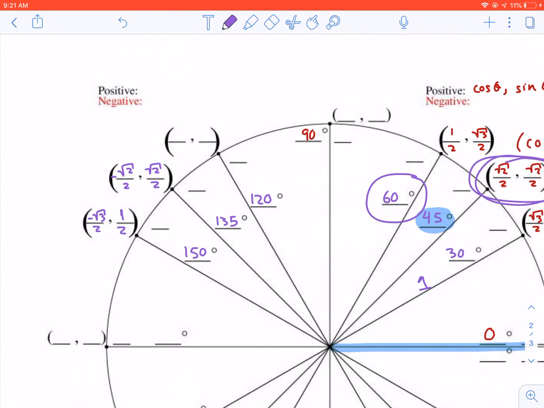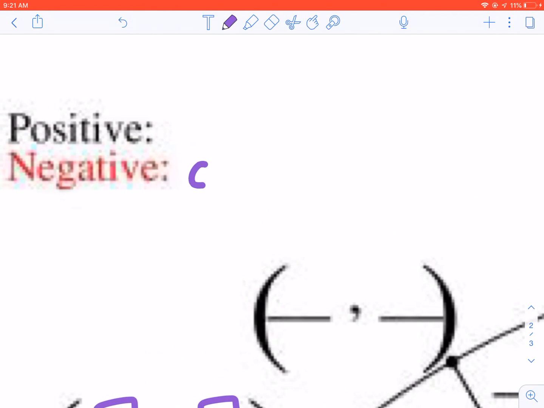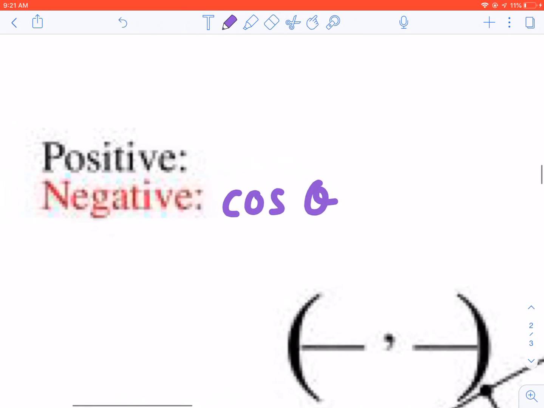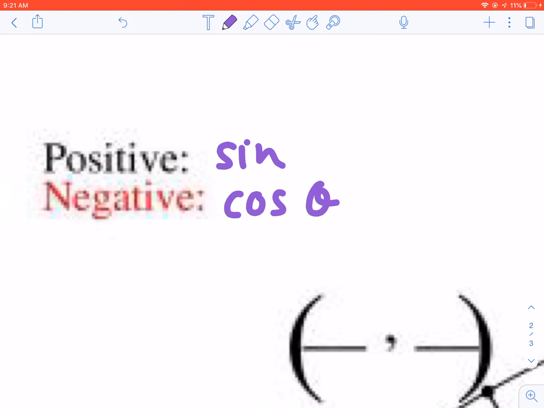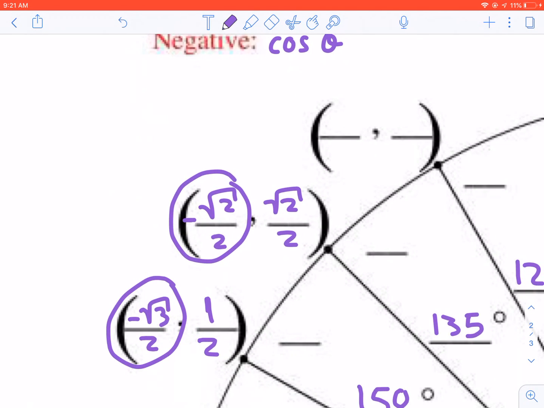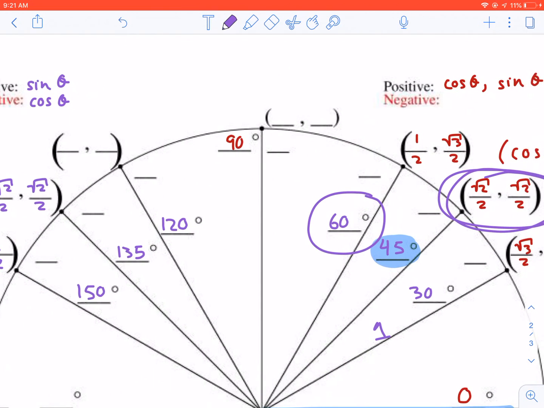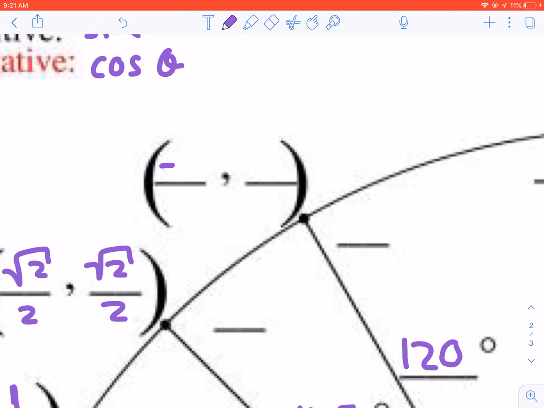So in this quadrant, right, our values of cosine are negative, but our values of sine are positive. Right, the x-coordinate's negative, the y value is positive, so sine is positive. So for 120, right, this will be negative 1/2, comma, positive radical 3 over 2.